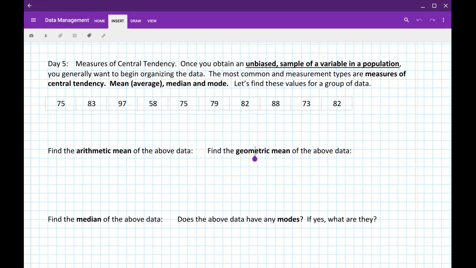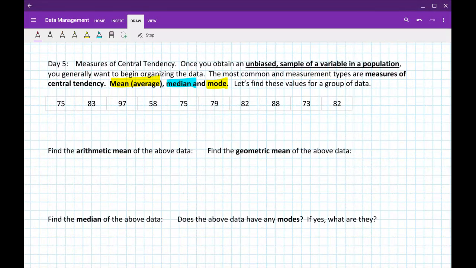One of the most common measurement types is measures of central tendency, which would be the average, or sometimes known as the mean. Then we have a median, which is a bit different, and a mode, which is also a bit different. We'll discuss those in the next few moments.